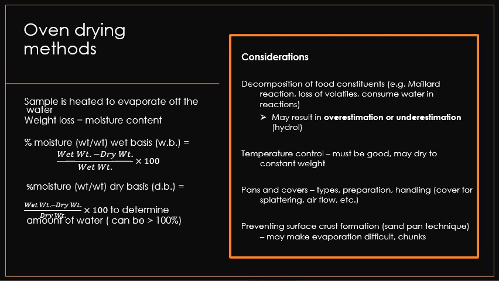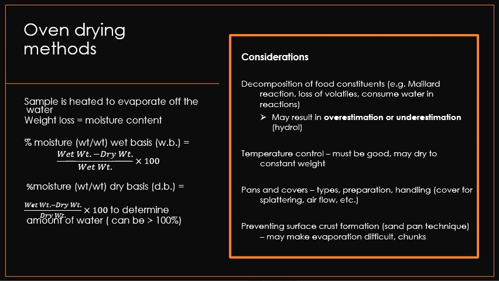For oven drying methods, there are ways to calculate the percentage of moisture content. This is the simplest technique, where we weigh the sample after being dried, because any weight loss is equivalent to moisture content. You can calculate the moisture on either a wet basis or a dry basis.